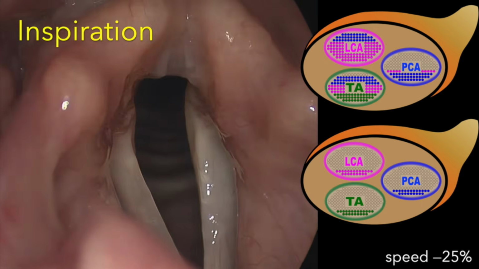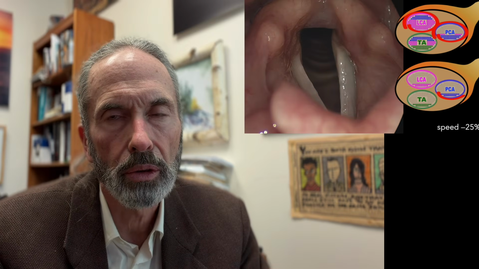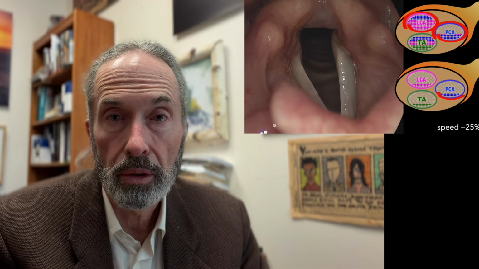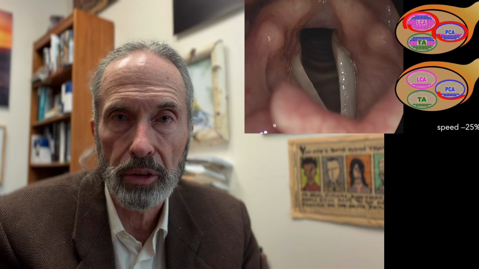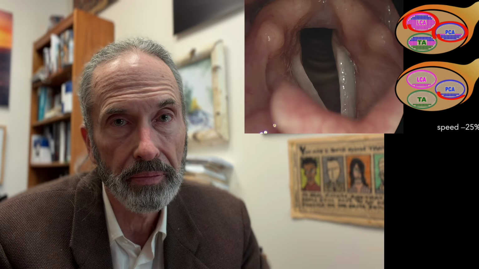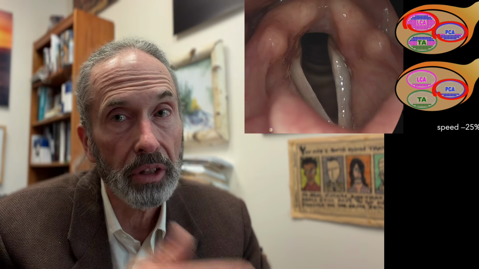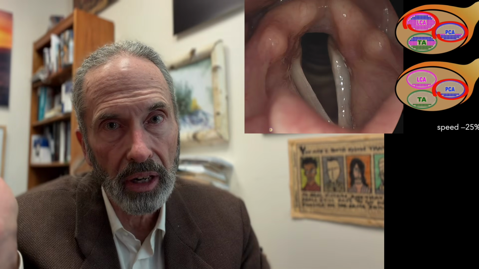Expiration, inspiration, inspiration, inspiration. During inspiration, we clearly see the appropriate direction, so the PCA muscle must have some activity. But it's incomplete. It's not going all the way out to the side.